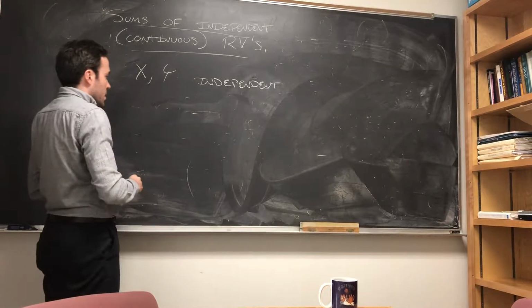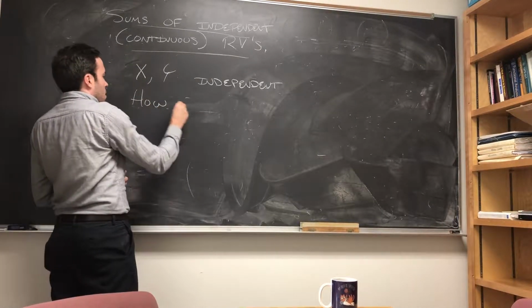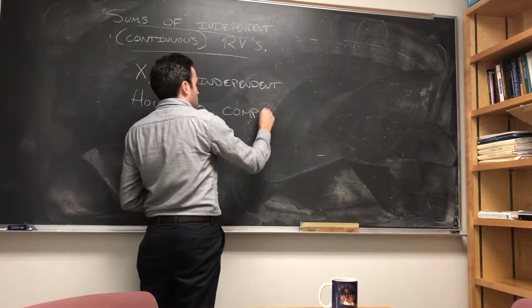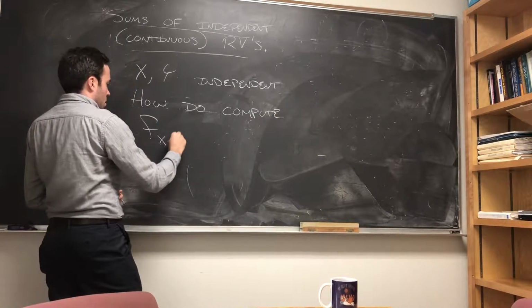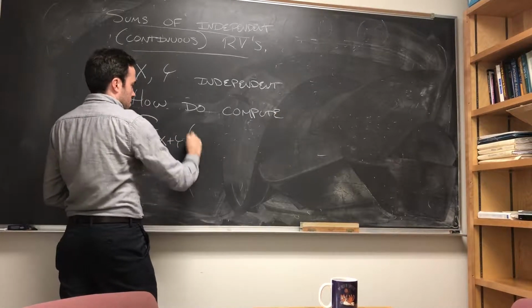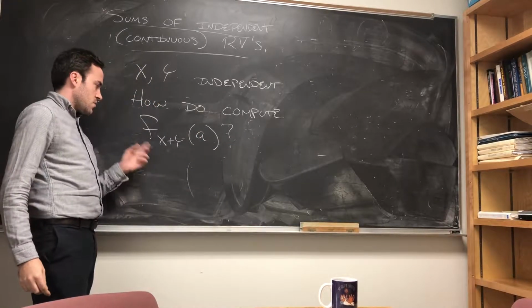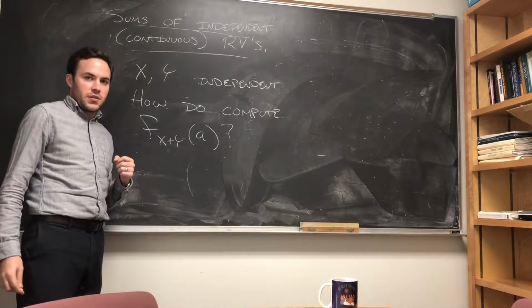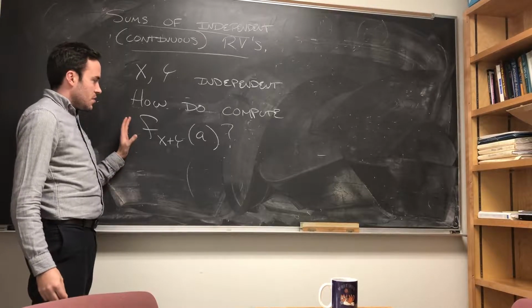And so what we want to do here is ask the question, how do we compute this PDF for the sum, which is going to be, just using our standard notation, f sub x plus y, right? That's the random variable that we're trying to find the PDF for. So how do we compute this?